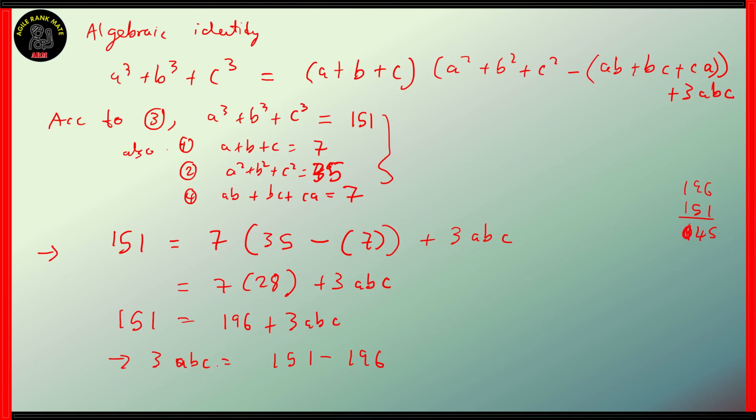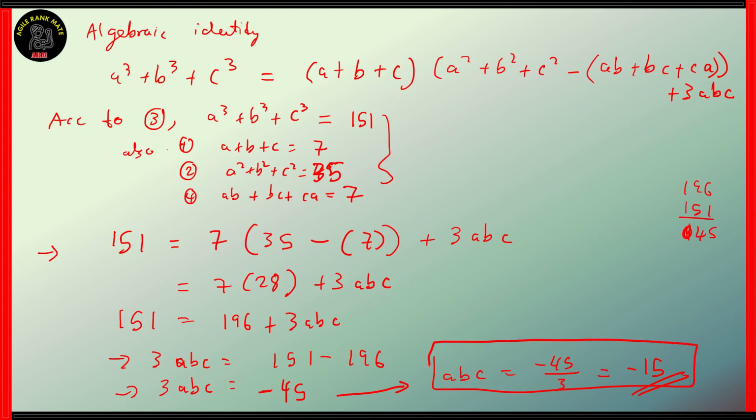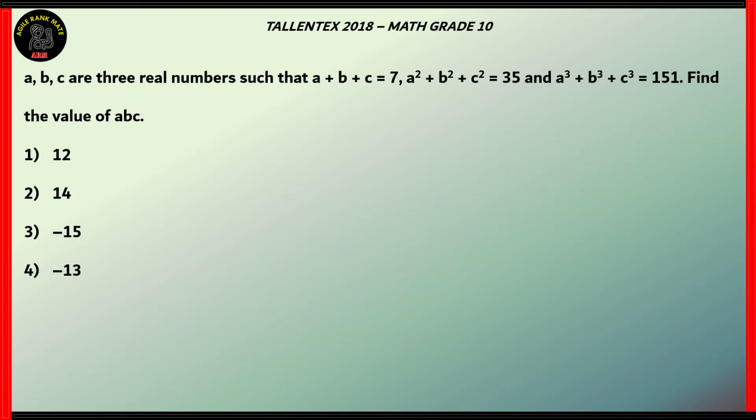So the value of 3abc is equal to negative of 45, which means the value of ABC is negative 45 over 3, which is equal to negative 15. So the correct value of ABC from the three given equations is minus 15.